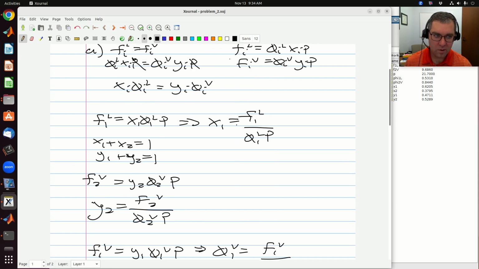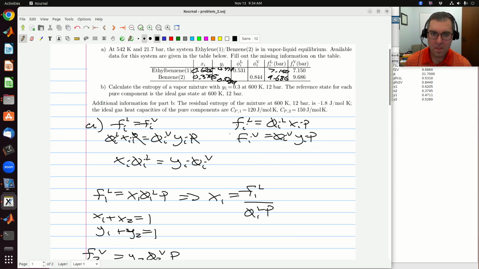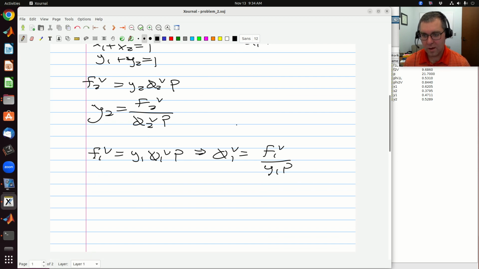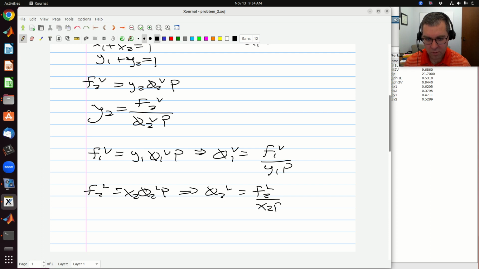Okay, and so I'll solve for phi1v, and then the same thing in terms of phi2l. f2l is equal to x2 times phi2l times p. So phi2l is going to be equal to f2l divided by x2 times p. Okay, cool.